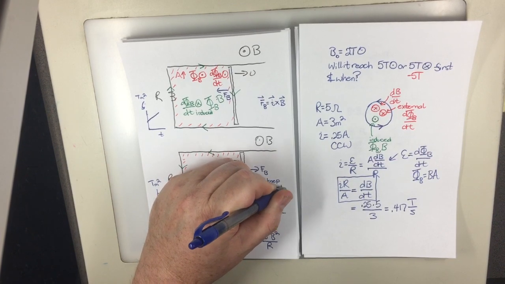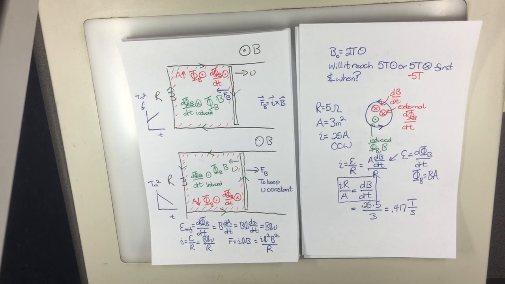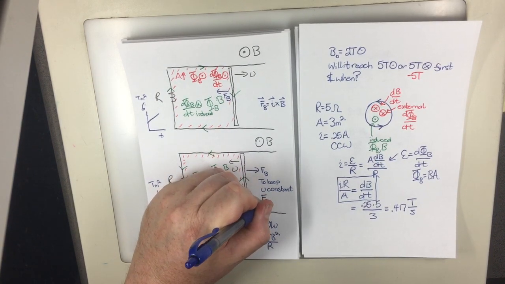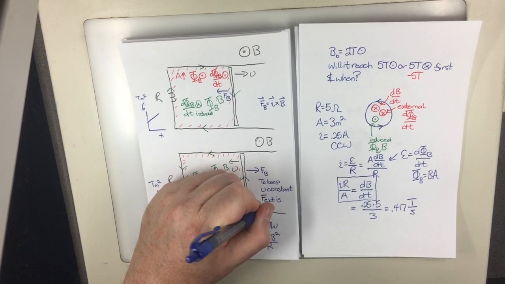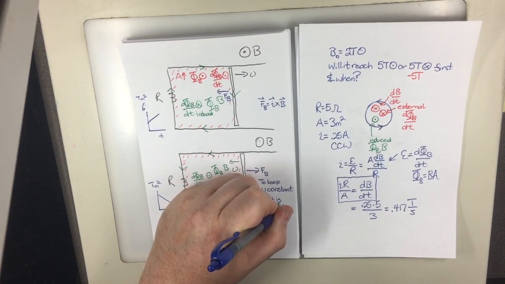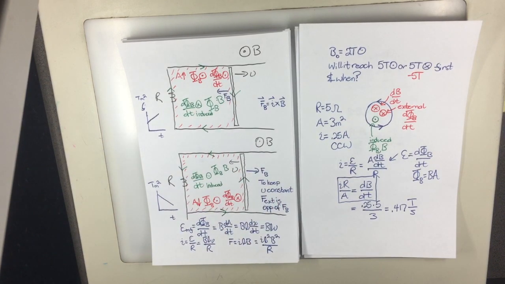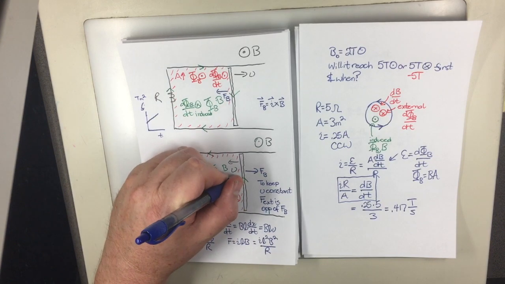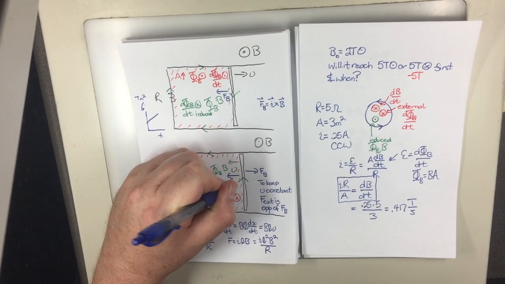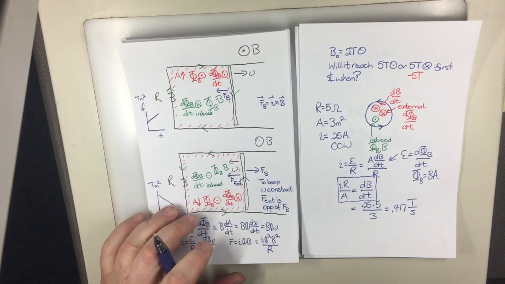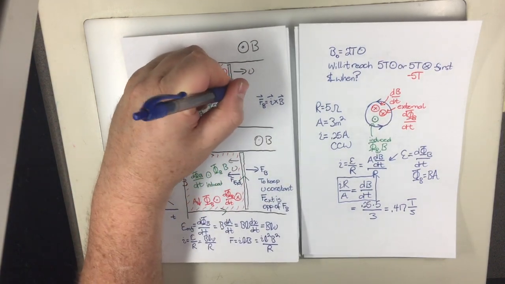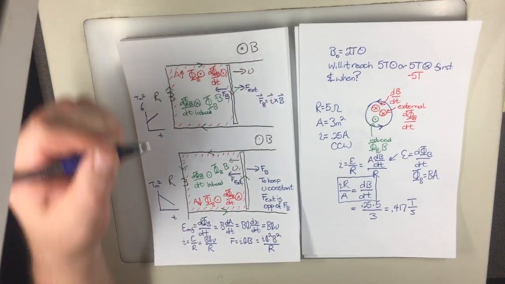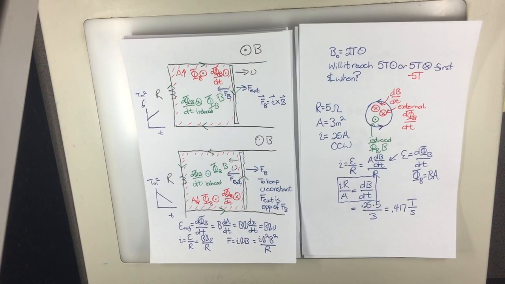To keep v constant, you have to have an external force. This external force is generally applied by the person either pushing or pulling the bar. And it is always opposite of the magnetic force. So you could say that the external force will always be applied in the direction of velocity.